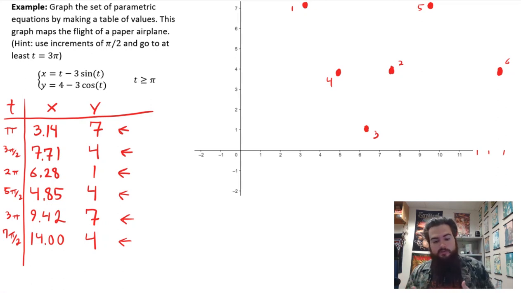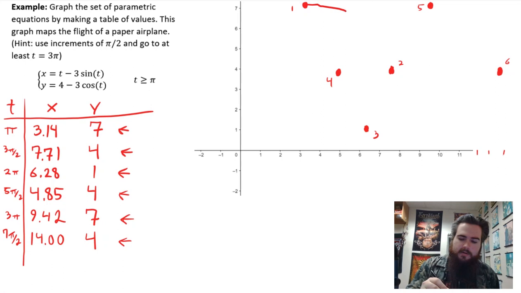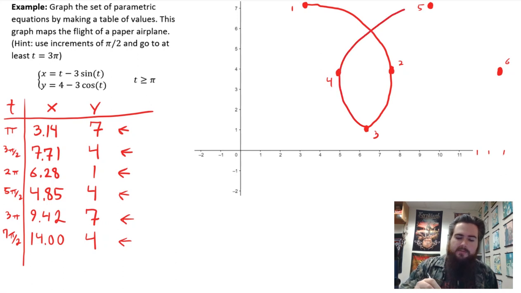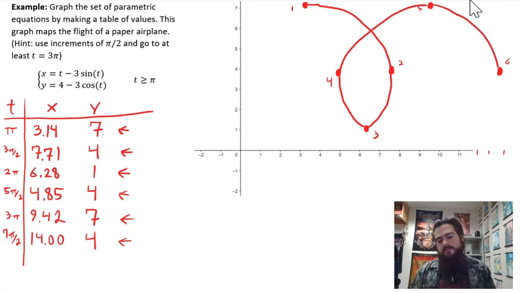If I go through these, and you can test more points in between if you would like to get more of an idea, this is going to curve smoothly from 1 down to 2 and back up towards 4, and then up towards 5, and back down again towards 6.